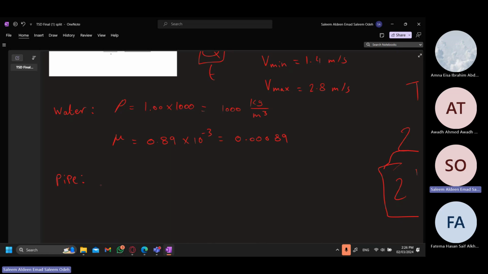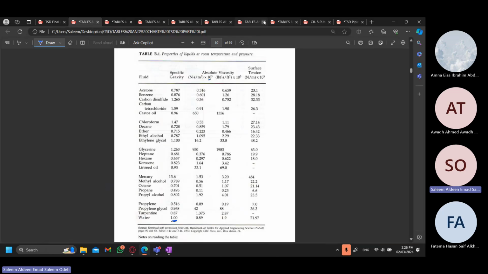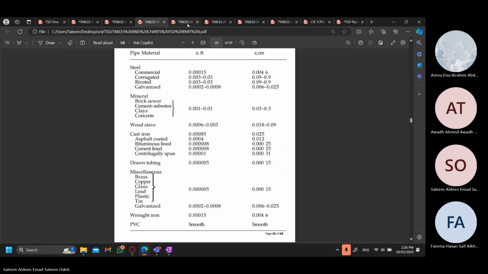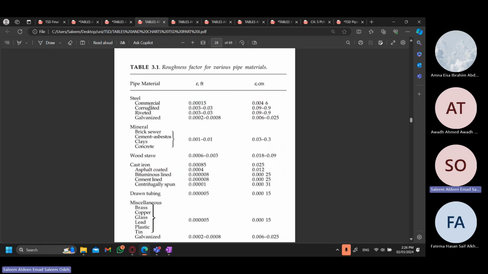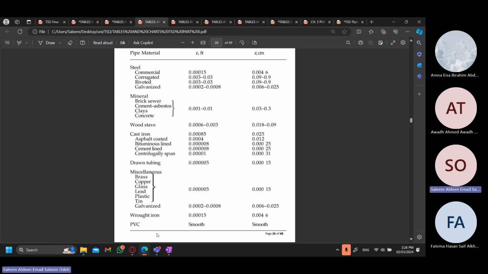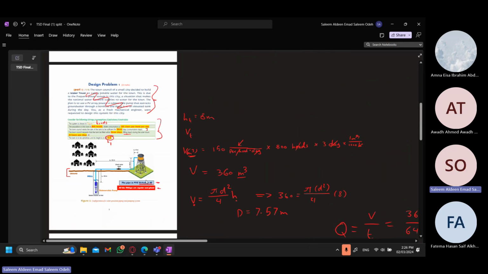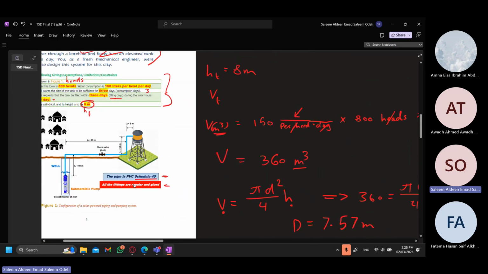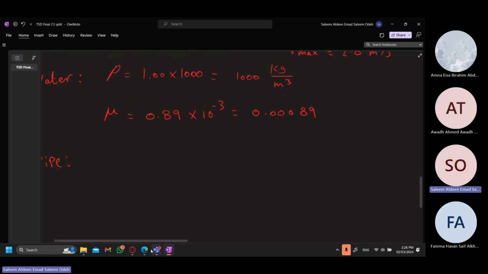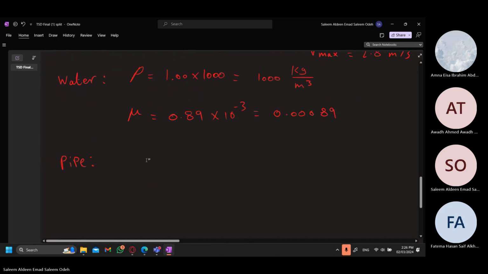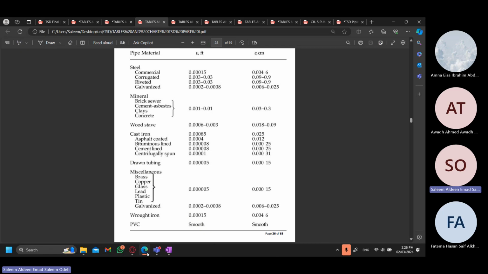Now, to find the properties of the pipe, we'll go to table 3.1, and they told us in the question that the pipe is PVC. So when it says that the pipe is PVC, you'll find it here that PVC means that the roughness of the pipe is smooth.